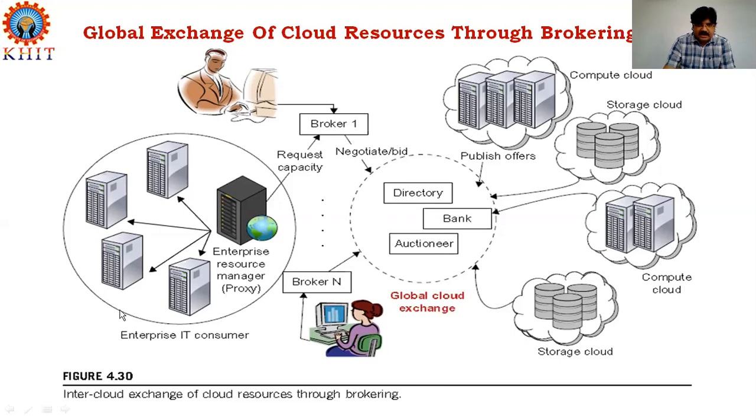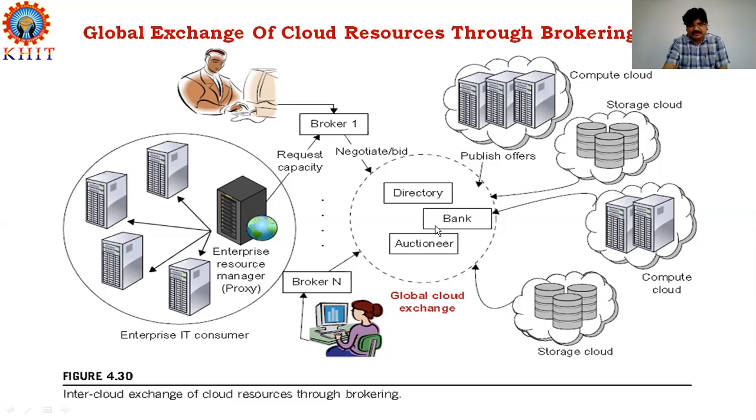They can take requests from different clients, and whenever the client reaches the bid, they automatically publish their request over the computing cloud or storage cloud based on their requirement. That means they are providing an environment for exchanging the global resources through brokering.